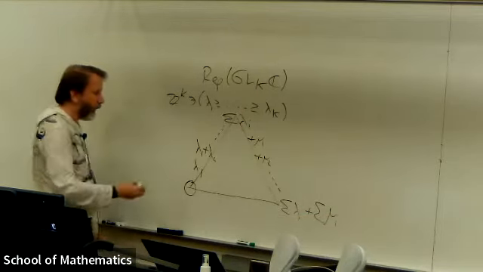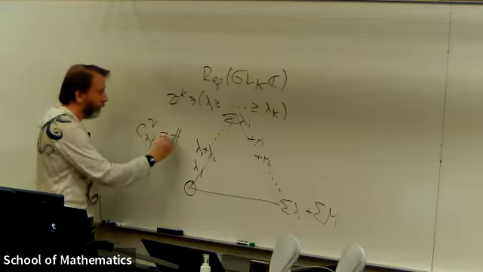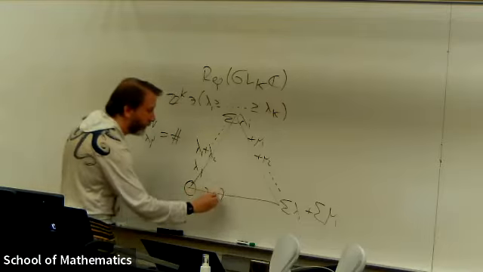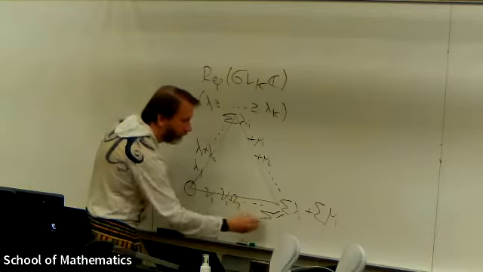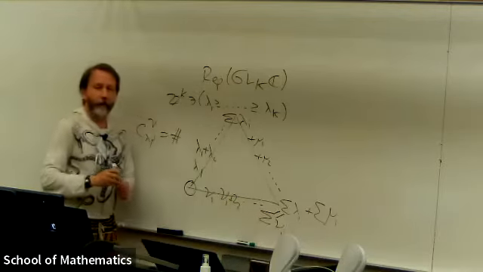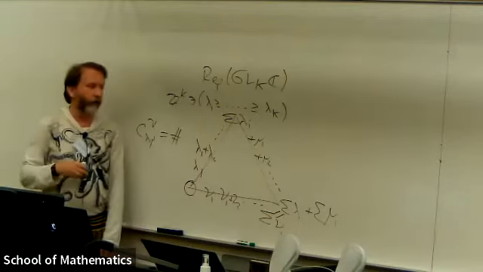And coming across the bottom, when I want to compute C lambda mu nu, I'll be having the sum of the nu's as I go, nu1 plus nu2, and eventually the sum of the nu's. And that better be equal to the sum of those, or else the Littlewood-Richardson coefficient is 0.